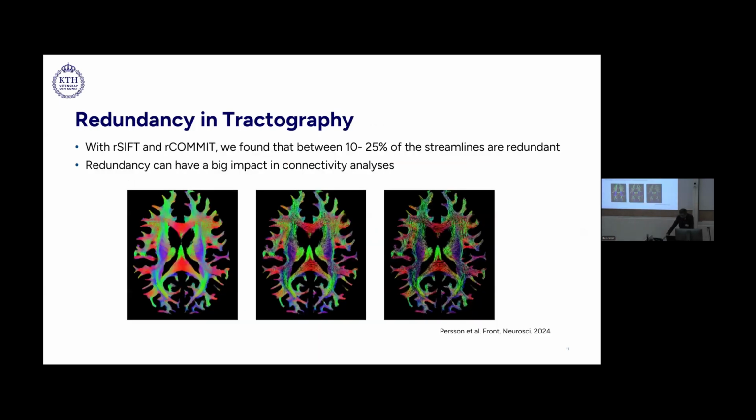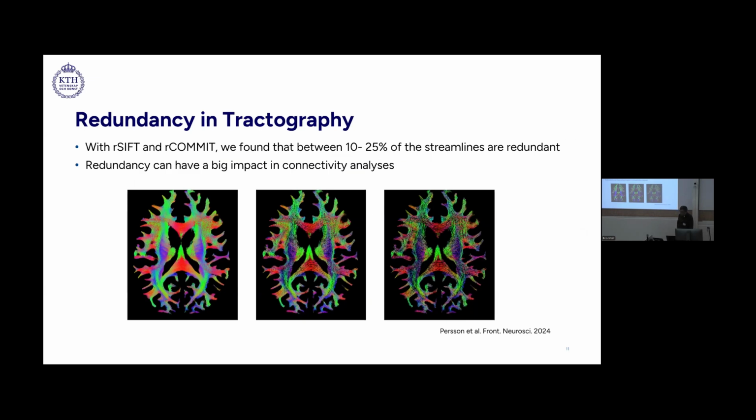Okay, so this is what we found. For example, just to visualize this, depending on the number of streamlines that we consider correct or incorrect, you will see differences here. And as you can imagine, the statistics will be different downstream.